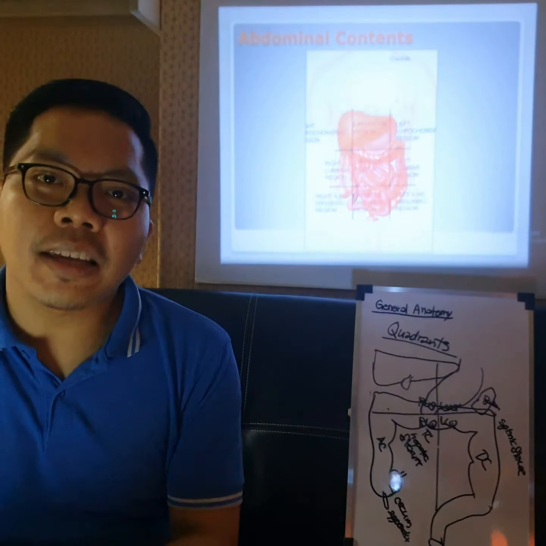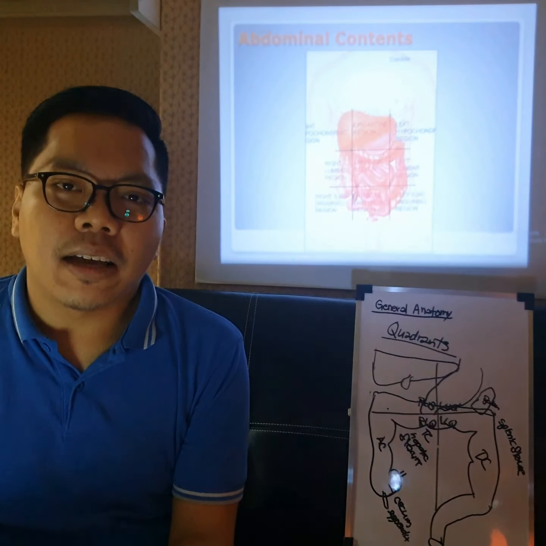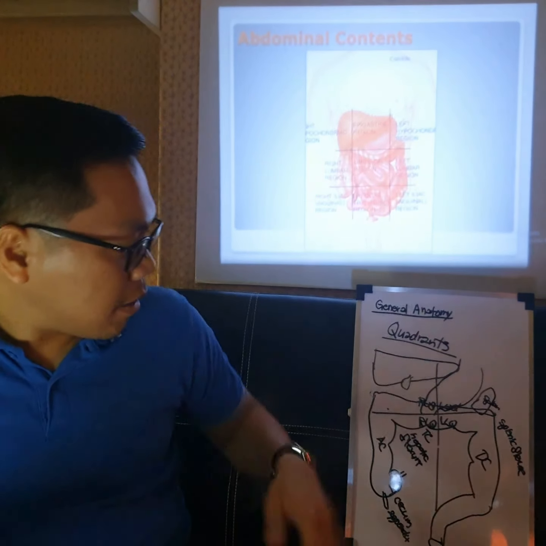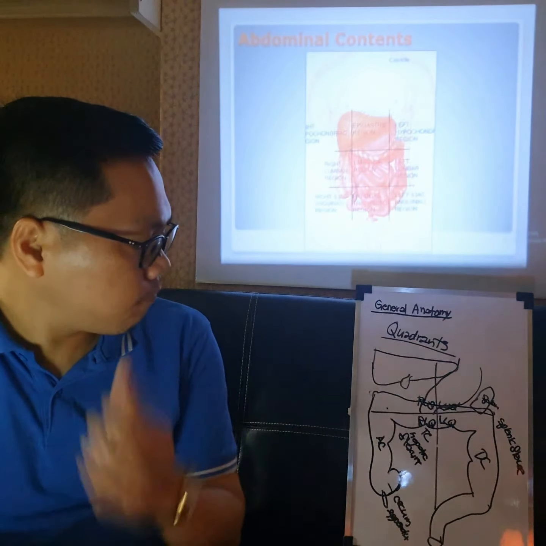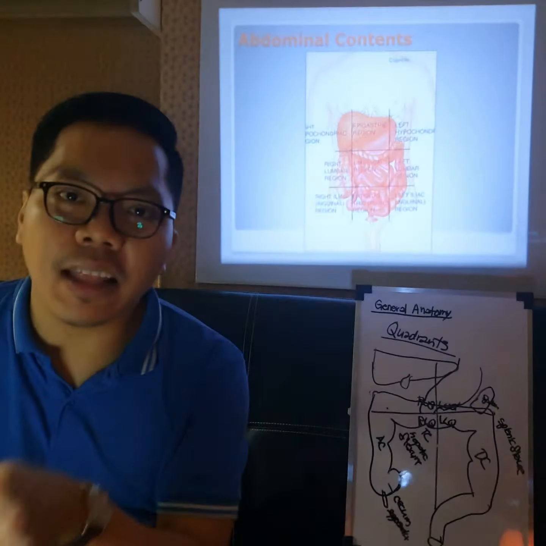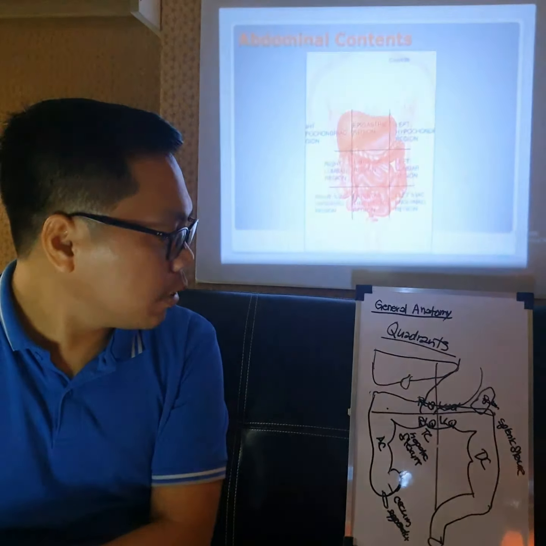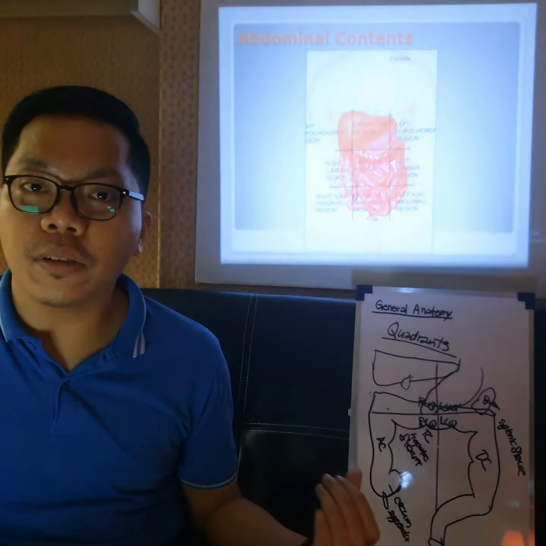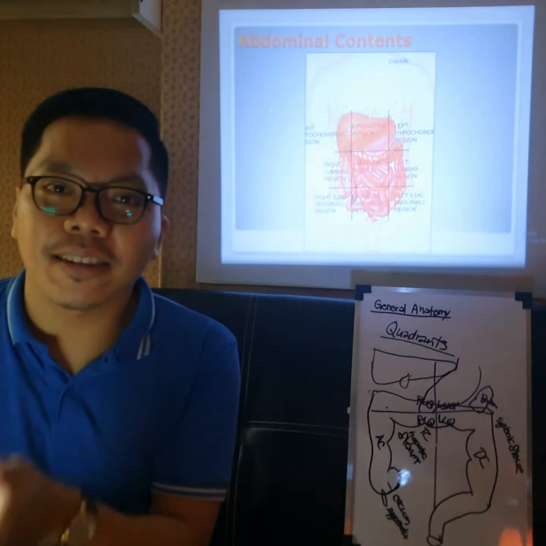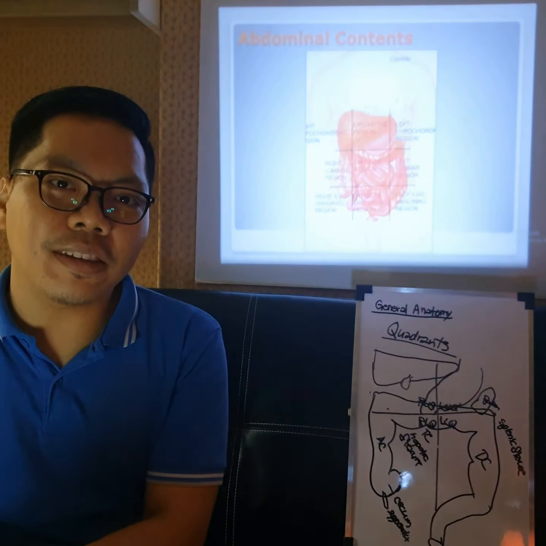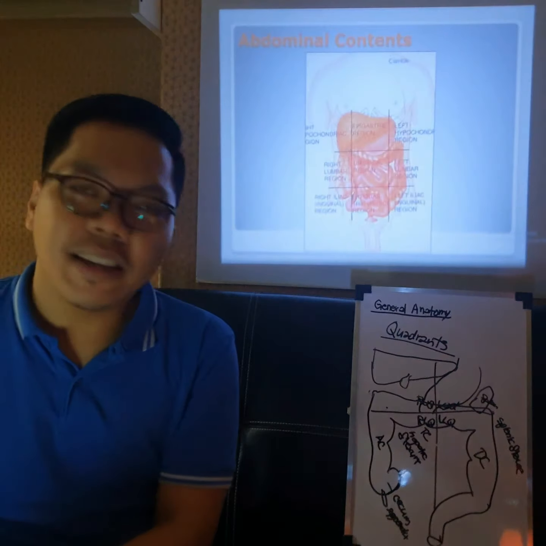Diba kanina tinatanong ko kayo, paano kung tatanungin ka, where would you see the small intestine? Nasa gitna. Where would you see the transverse colon? Nasa gitna din. Where would you see the bladder?